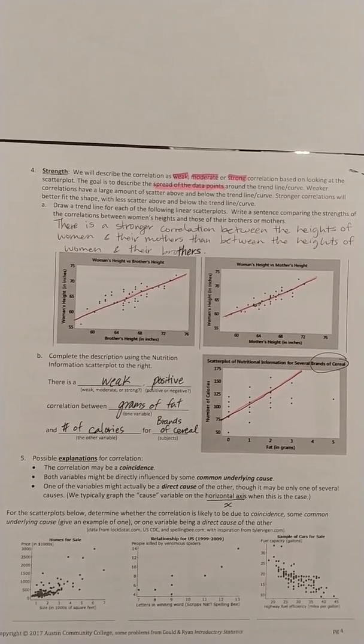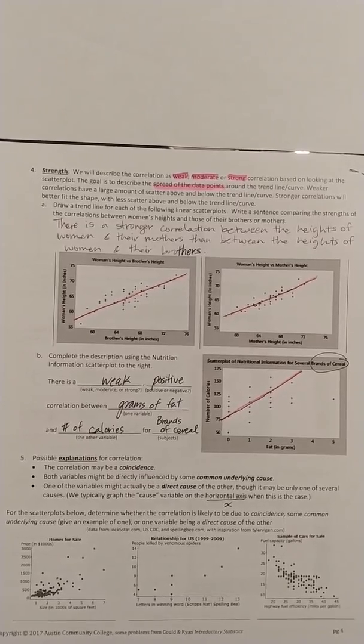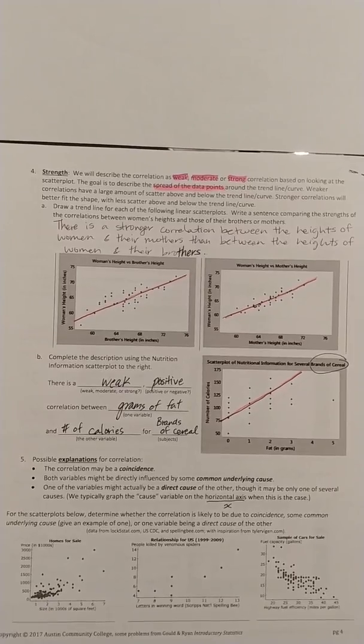So for example, smoking cigarettes, that has been found to cause a direct link to cancer. So that would be a correlation that has a direct cause. This is not a coincidence. There's not an underlying cause. There is a direct link between these two things.